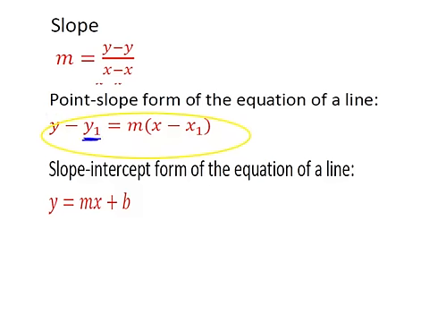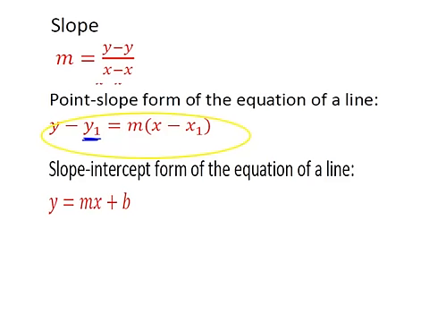Now, y sub 1 all this means is, get the y out of your point. That's equal to the slope, which is little m, times, in parentheses, x minus x sub 1, which means the x from your point. So the point slope form of an equation: y minus y sub 1 equals the slope times x minus x sub 1.